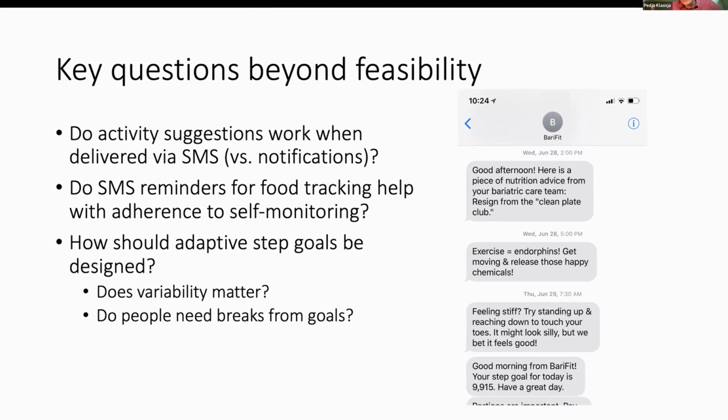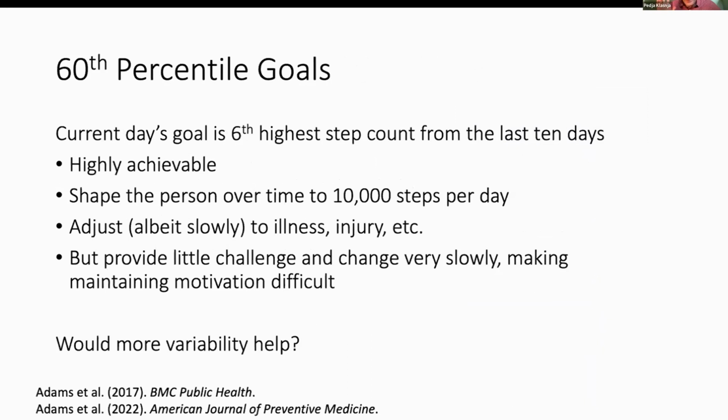But then we also had this design question around how we should design the adaptive step goals. In particular, we were interested in whether this notion of variability was important to incorporate into the step goals. In terms of the goals, and this is what I'm going to just briefly talk about, the state of the science is this notion of a 60th percentile goal, which was developed by Mark Adams, who is at Arizona State, over a course of a number of projects.